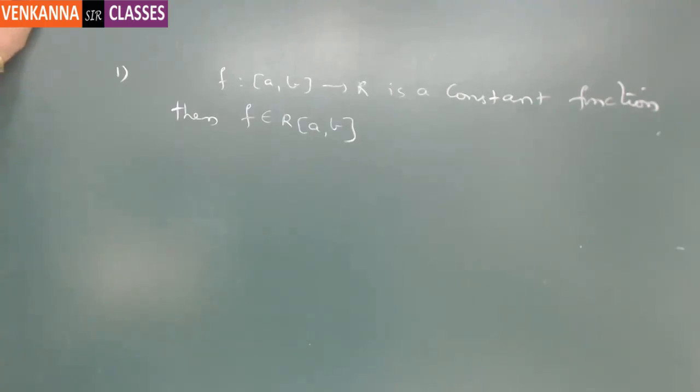So I have taken a function f which is a constant function on the closed interval [a, b], and my intention is I am going to show that it is Riemann integrable on the interval I have taken. Is it clear? The objective of the problem?